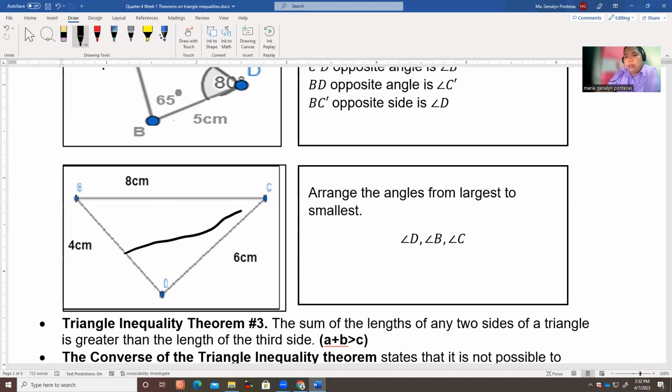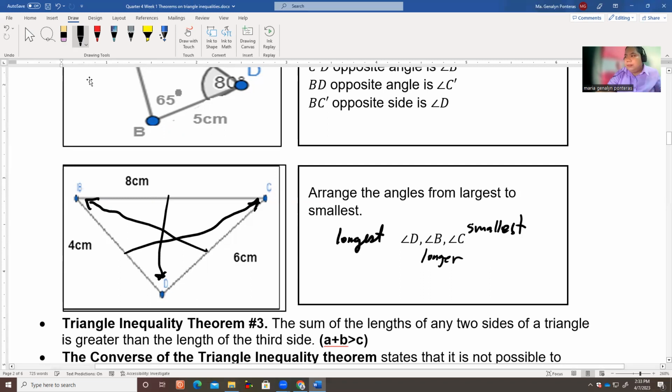So 4 cm is opposite ni angle C. So the smallest is angle C. Now 6 cm is longer. That's smaller than 8. So this is the longer. And this one is the longest side. Ayan. Okay.